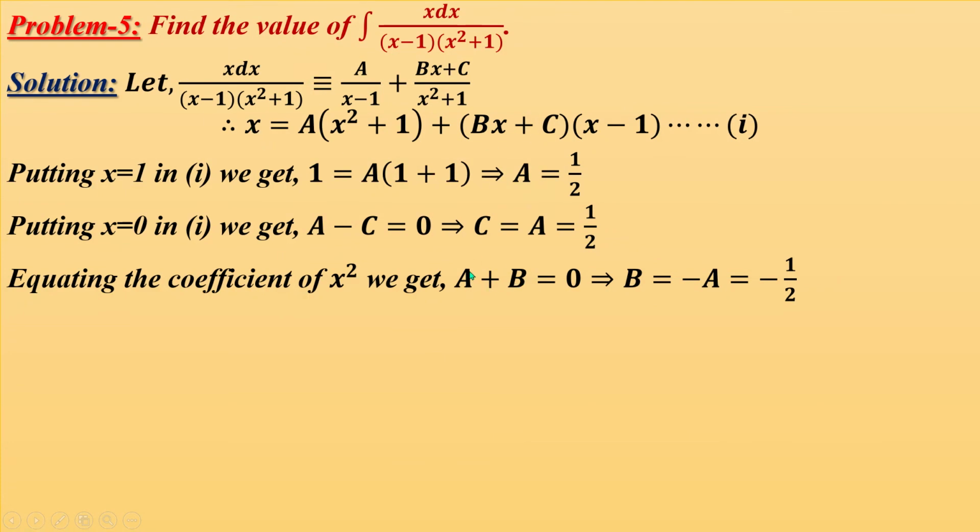That means a plus b equals 0. This implies we will get b equal to minus half. This type of math we have already solved in my previous class, that means in class 9-10. Okay, so this is a repeat for you.